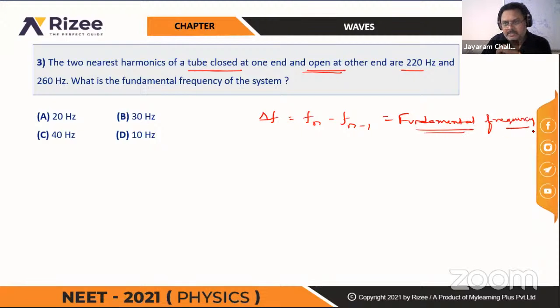So the difference between 260 and 220 is 40, that is equal to 40 hertz.